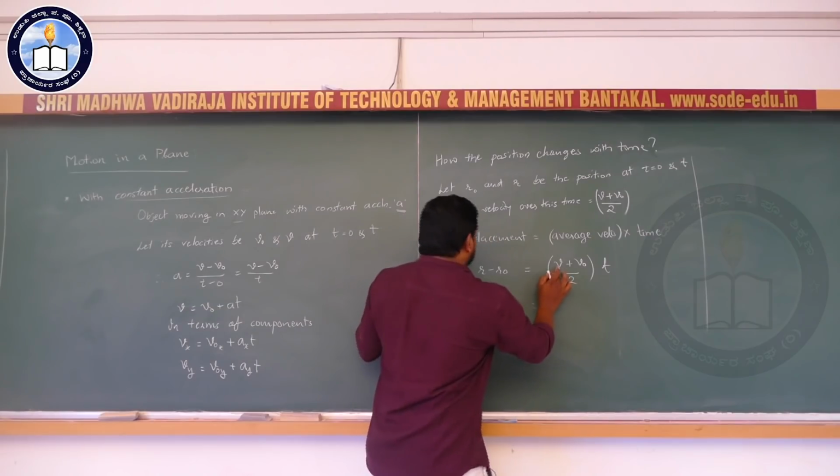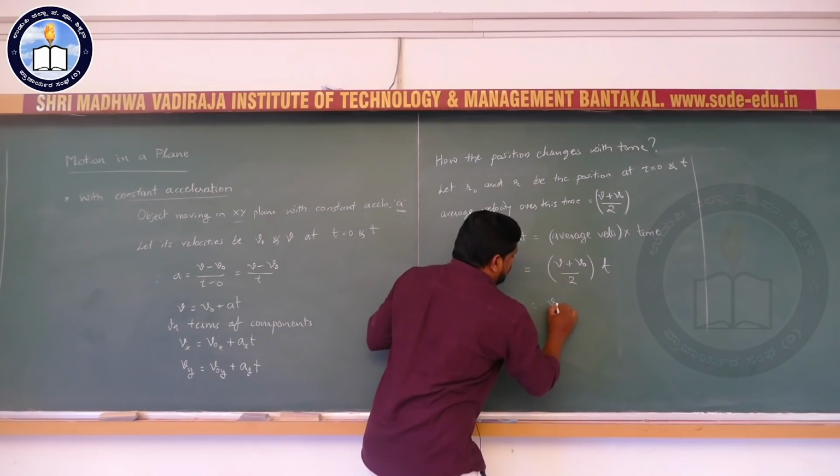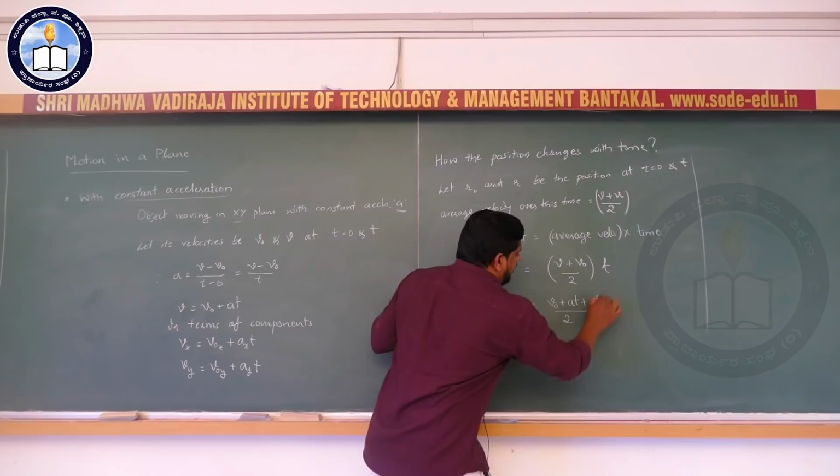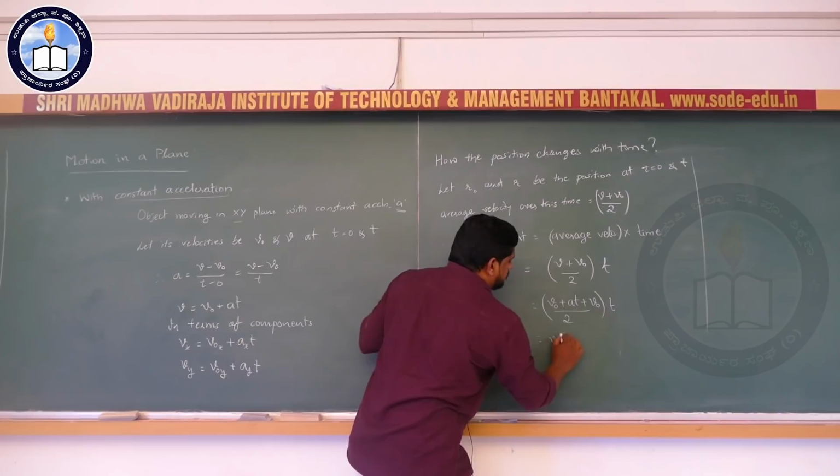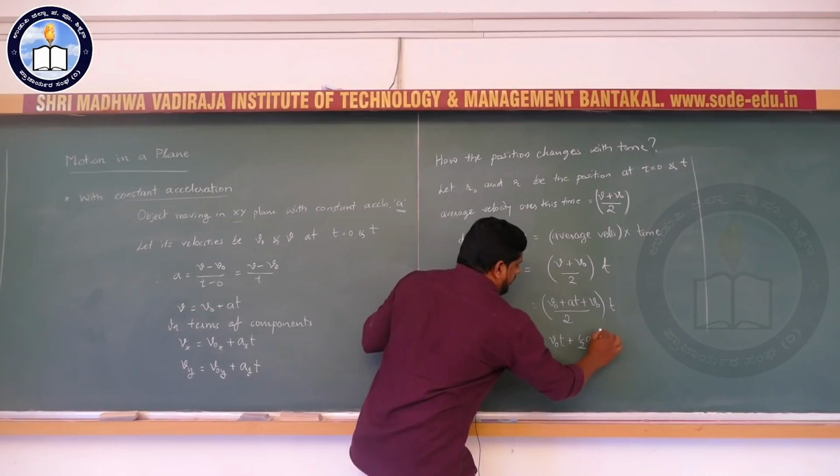We know that v is equal to v naught plus at, so (v naught plus at plus v naught) divided by 2 into t. This is v naught plus v naught, 2 v naught divided by 2. So remaining is v naught into t plus half at into t, at square.